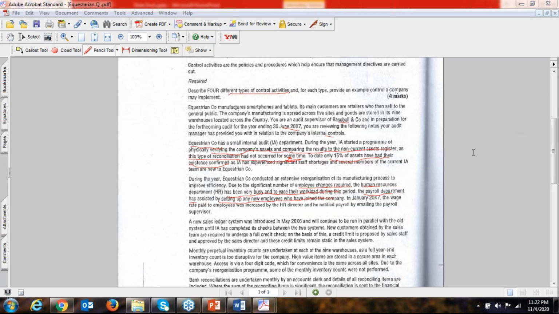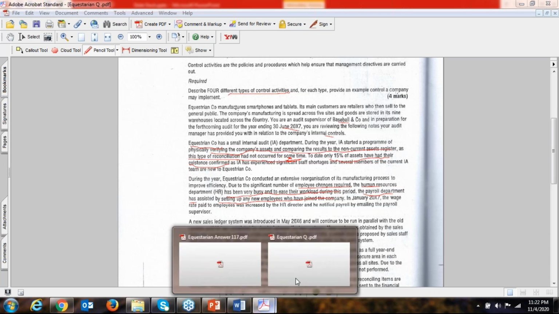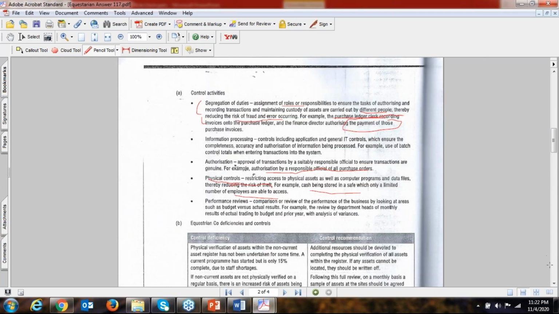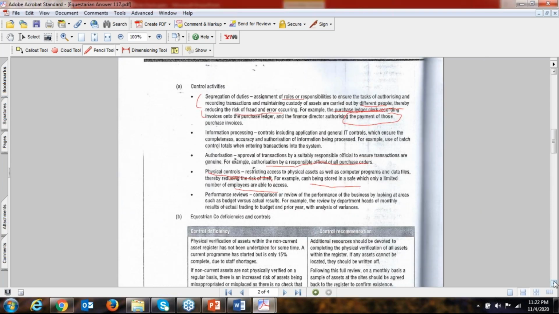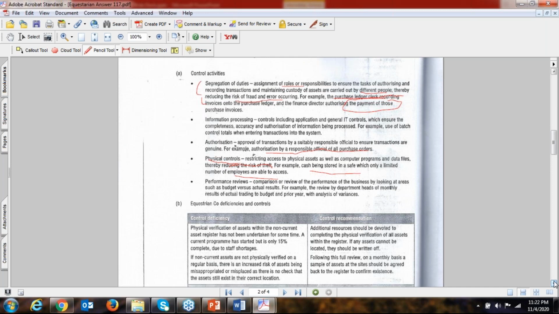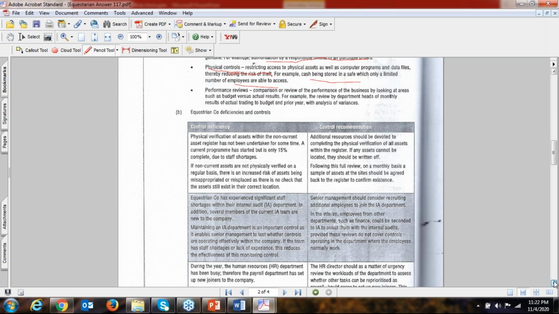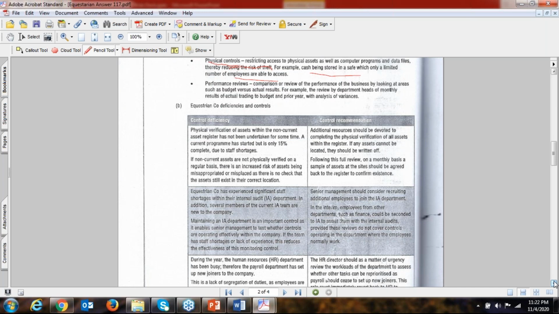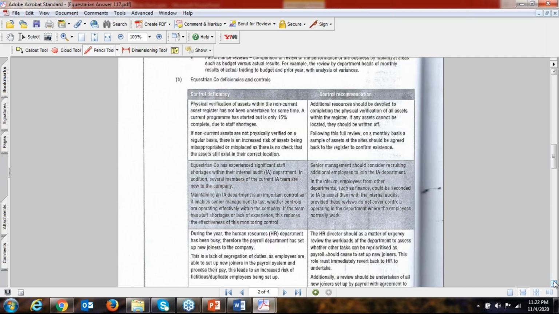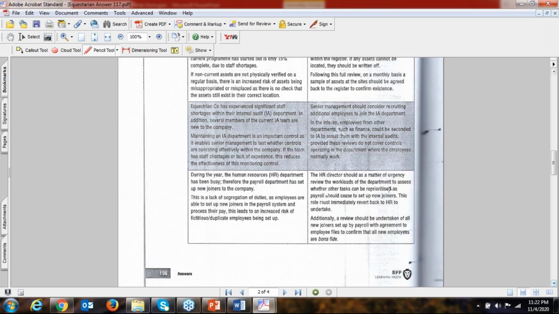Actually, what is a recommendation? The recommendation is the opposite of the deficiency. So you don't need to think extraordinary. Just see the deficiency and write it down in an opposite way.